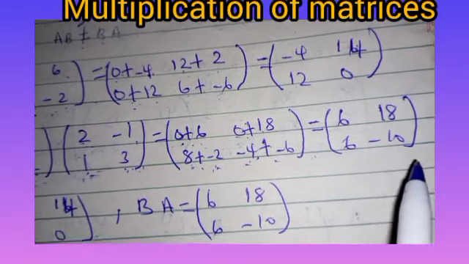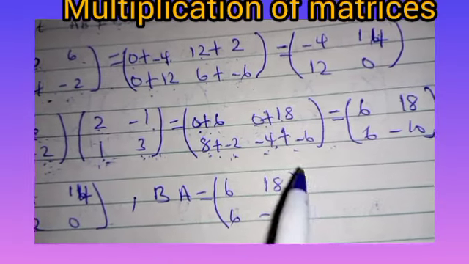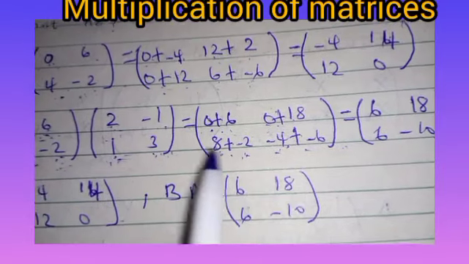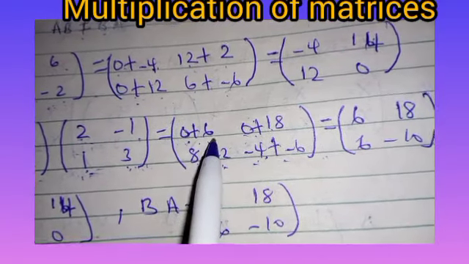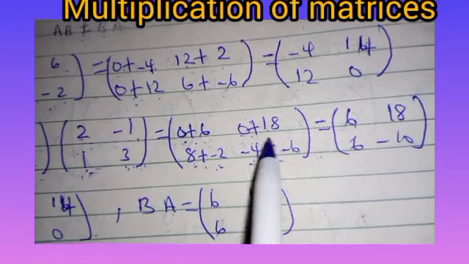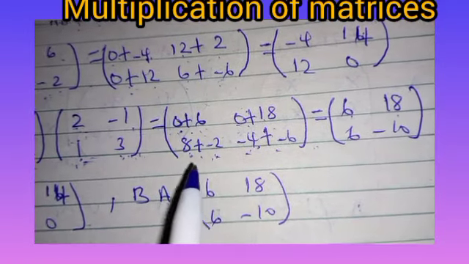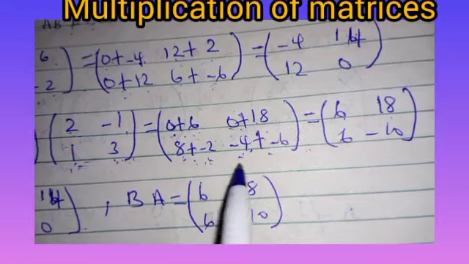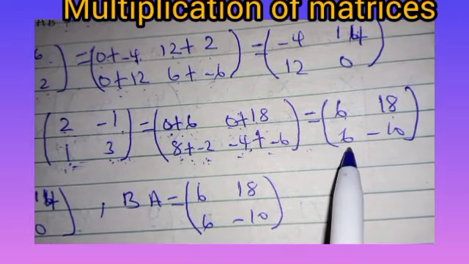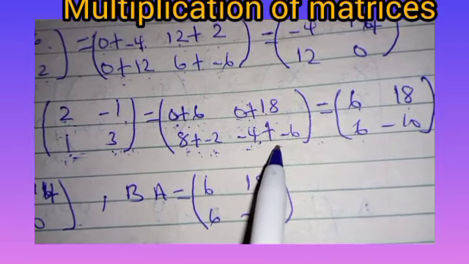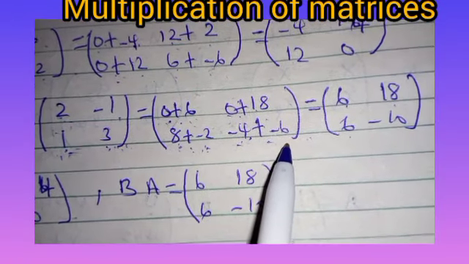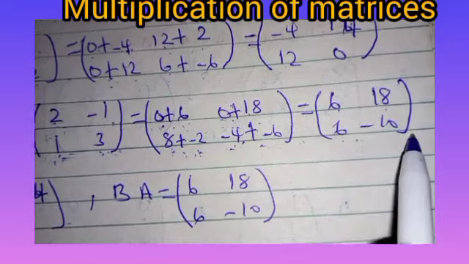Then from there, you add them. So 0 plus 6 will give you 6. 0 plus 18 will give you 18. 8 plus negative 2 will give you 6. Then you have negative 4 plus negative 6, which will give you negative 10.